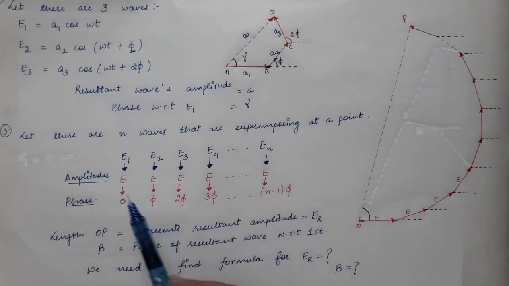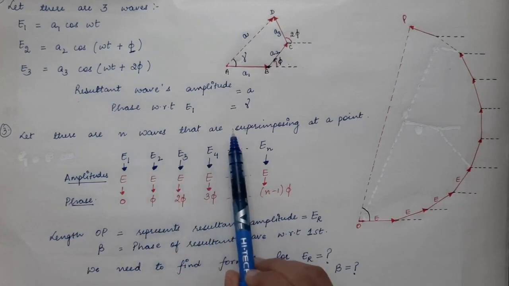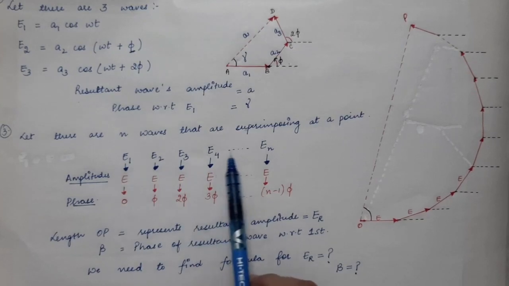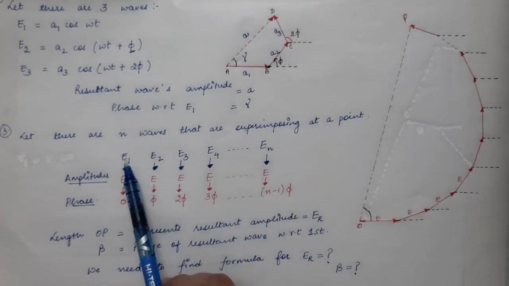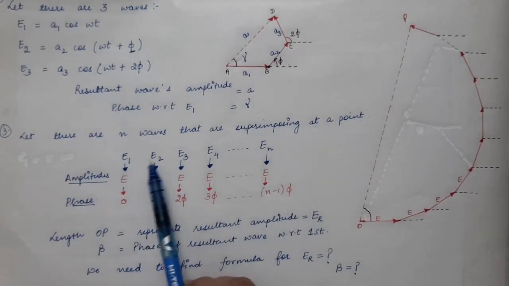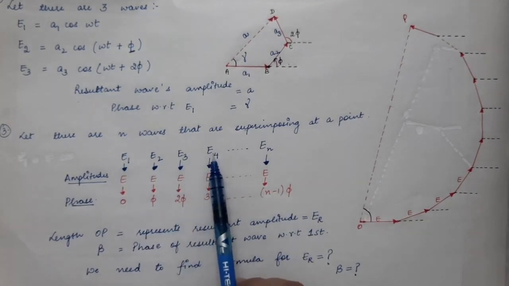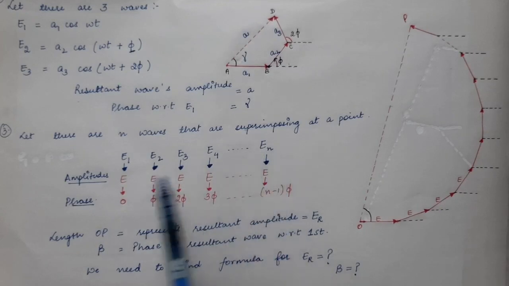Now we are taking an example of n number of waves that are superimposing at a particular point. So we have taken n number of such waves. E1 represents the displacement of the first wave, E2 represents the displacement of the second wave, and so on, E3, E4 up to En.